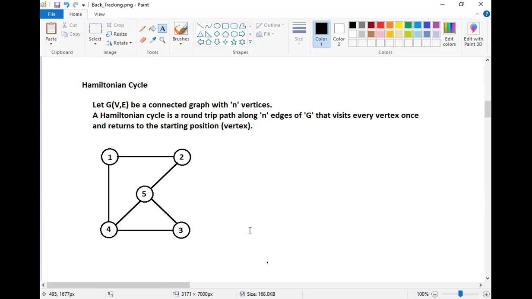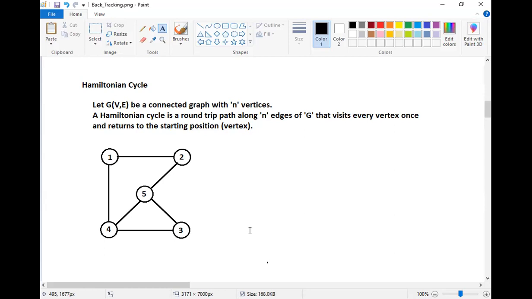That means now I have just taken a simple graph there. Can you tell me how many vertices are there? 5. Now, we need to derive the Hamiltonian cycle here. When we derive it, the number of edges should be 5. Read that statement there.